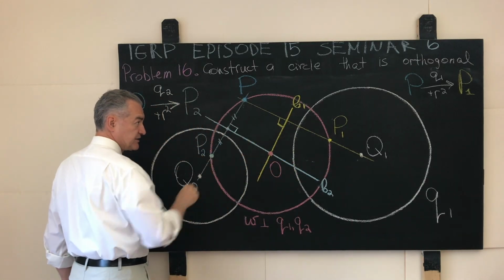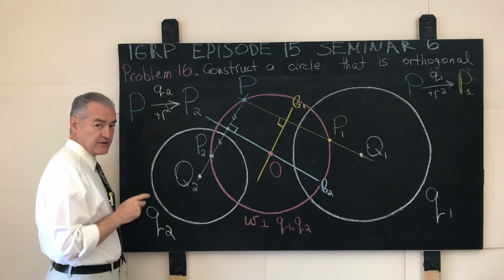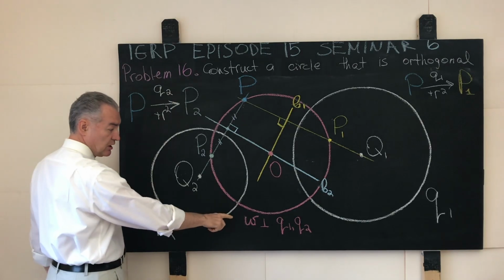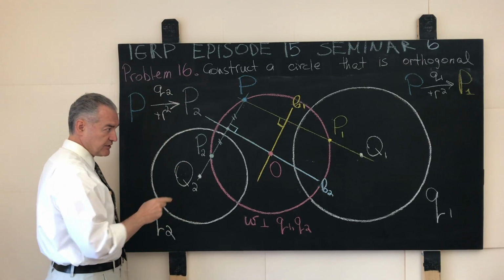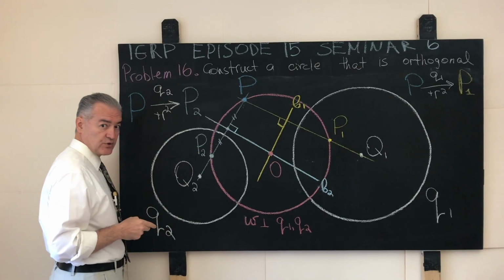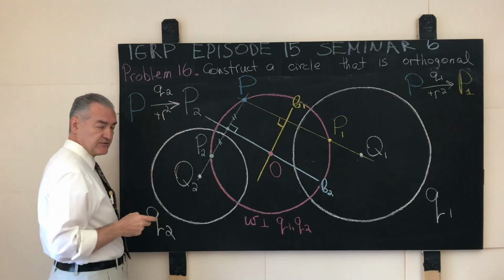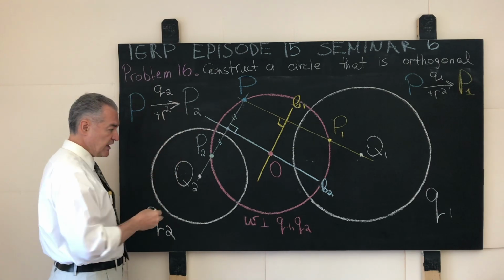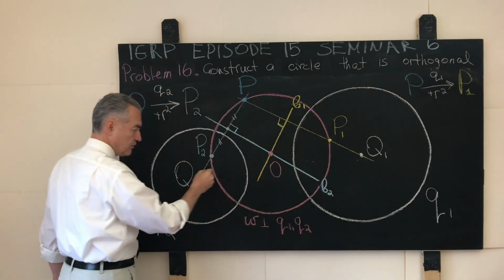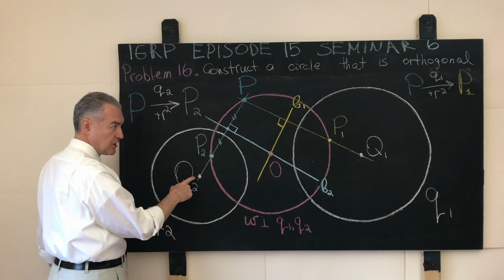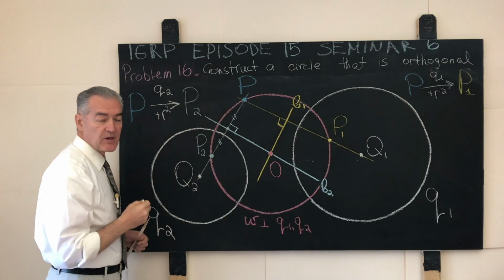Then the perpendicular bisectors of the corresponding line segments will be parallel, and in that case, what will be the solution circle? Well, as we discussed in the previous seminar, in this case we will have a circle that passes through 3 such points and that has its center taken into the point at infinity, and evidently that will be a straight line that passes precisely through the centers of the input circles, the points uppercase Q1 and uppercase Q2, and the input point P.